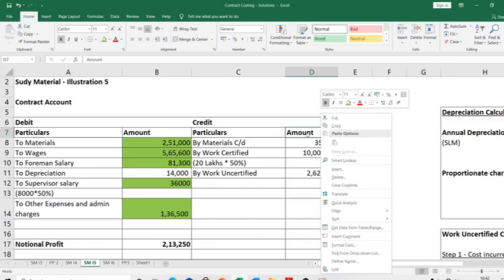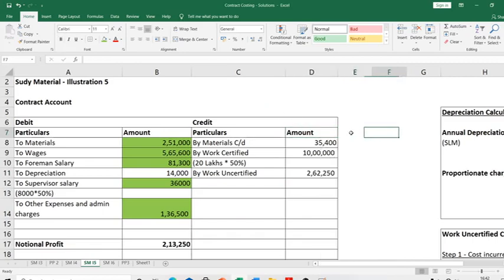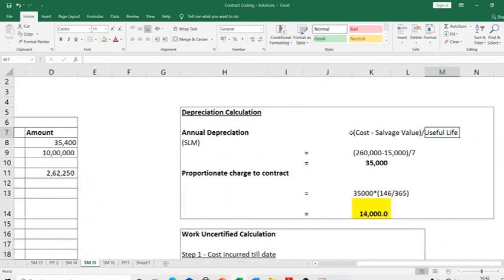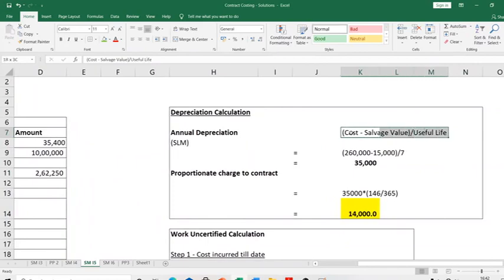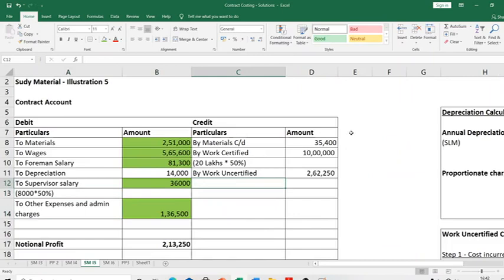See the calculation here. Annual depreciation, I've used formula cost minus salvage value divided by useful life. I have the formula here. I have the number here. Proportionate charge, number I got is 35,000. 35,000 into 146 by 365, you get 14,000 here. Okay, so go back and put 14,000.